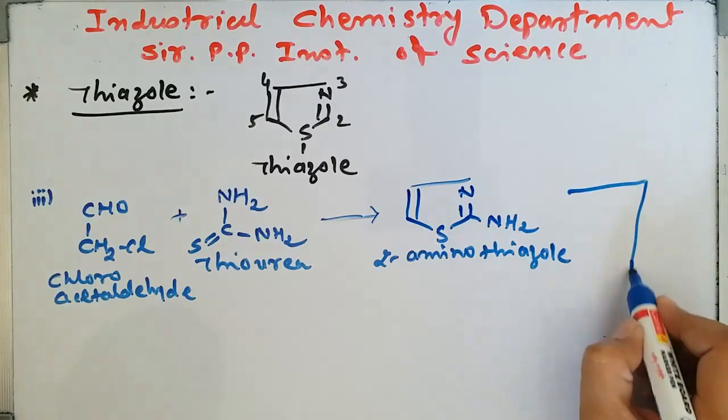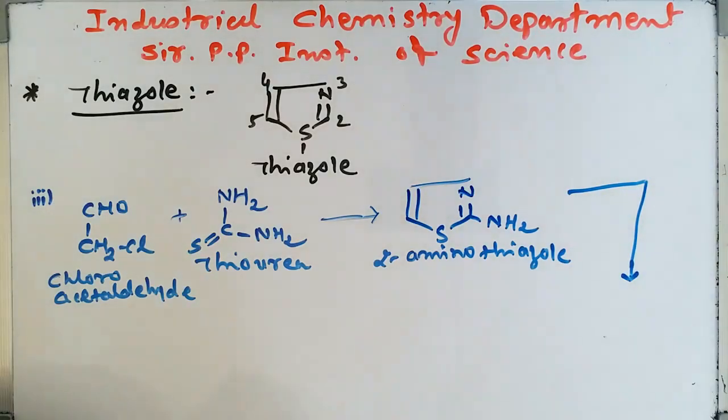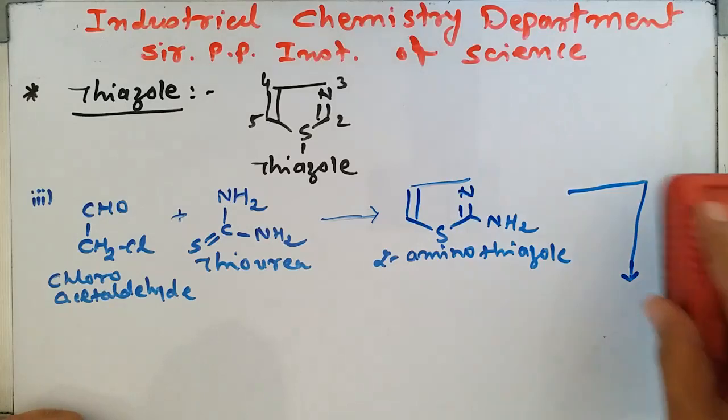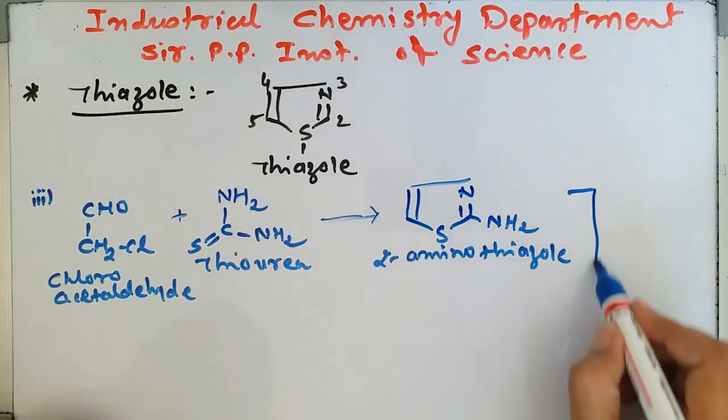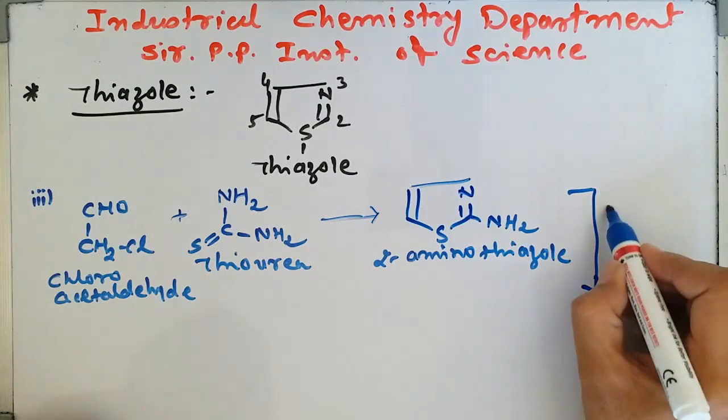This 2-aminothiazole is converted into thiazole by two reactions.